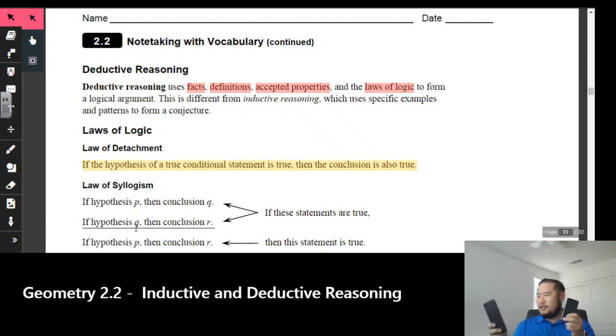And that's the conclusion. We make a connection between three different things. Once again, we have 1, 2, 3, and then in the end, we can make a connection between the first and the last. And that right there is the law of syllogism.